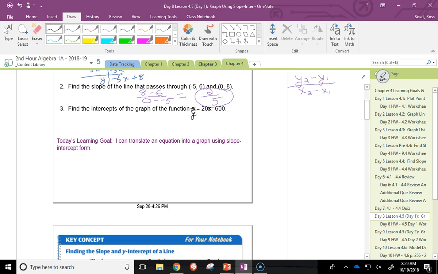But I'm still going to answer with the variables they use, so I'm going to think a-intercept, and what was that letter they used? T. We could say t-intercept, and we have to find what they are, or what are the coordinates. How do you think I do that?